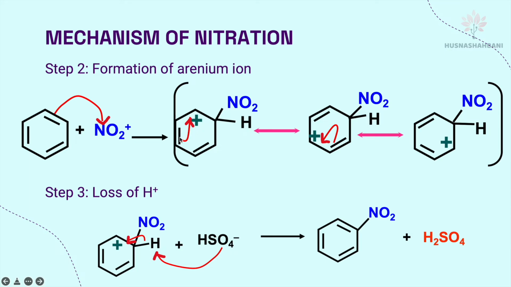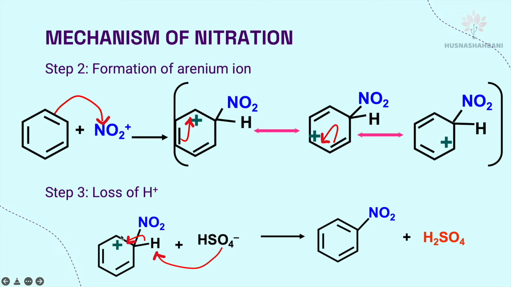This double bond will move its position to here to stabilize this carbon, making this carbon positively charged. So the double bond over here moves its position to stabilize this carbon, but makes this carbon positively charged. So this is what we call the arenium ion.